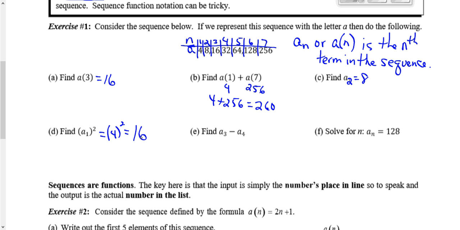What are the two numbers we're subtracting? 16 minus 32, which is negative 16.